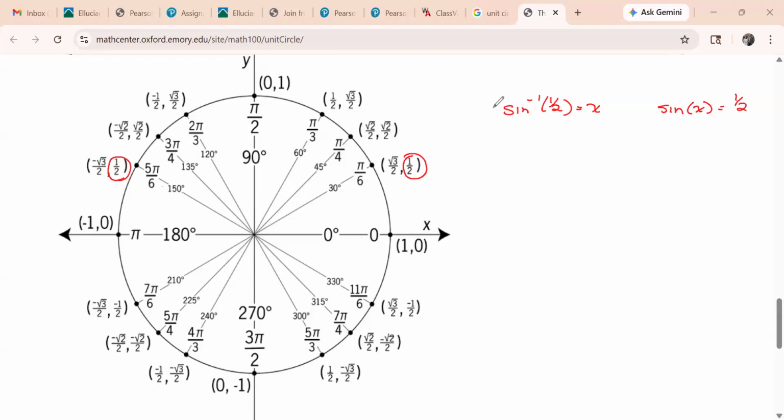But remember that this is bound. I'm going to write this up here again. Bound between negative pi over 2 and positive pi over 2. So because of this binding, really the only thing I can look at is this quadrant or this quadrant. So I can only use this answer. So we see here what that is saying is that would have to be pi over 6.